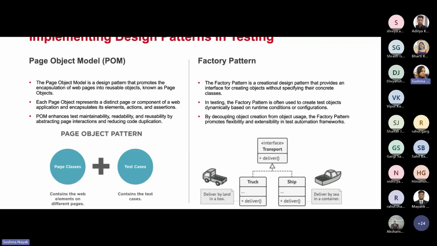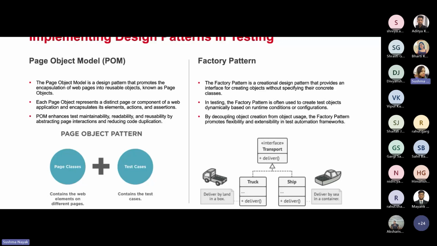Then implementing the concrete product: a concrete class that implements the product interface and represents a variation or type of product. Then create the factory interface. Here we'll define an interface or abstract class that declares the factory method, and then implement the concrete factory. So here we'll develop a concrete factory class that overrides the factory method.